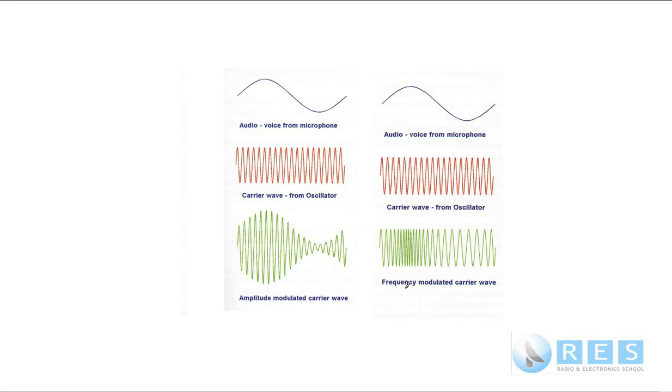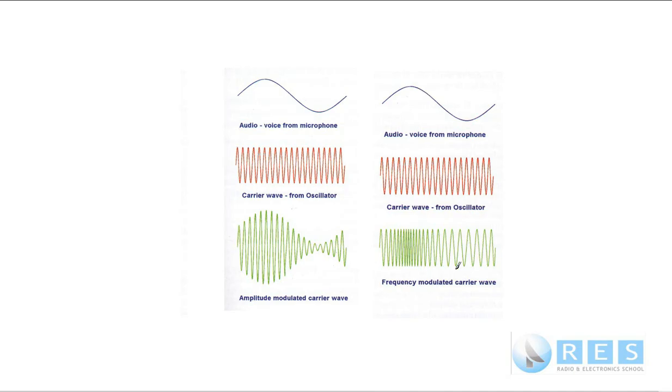There is another method. We can leave the modulating audio the same, leave the carrier the same, but notice this time what's happening is the frequency of the carrier is changing, not the amplitude. So the audio is being mixed with the carrier in such a way that the frequency is changing. This is a lower frequency here. They're all bunched up here.